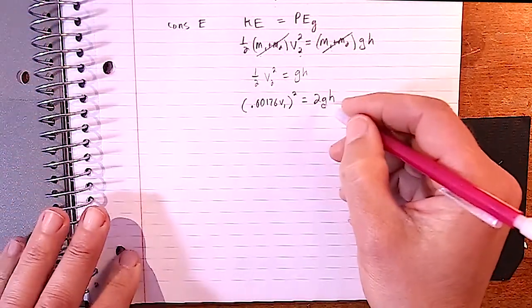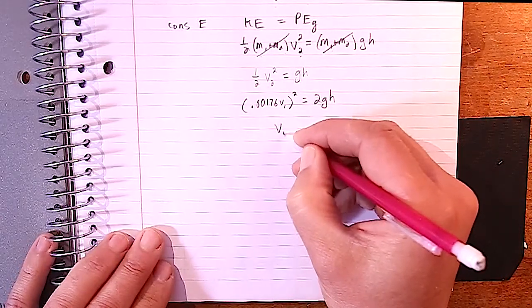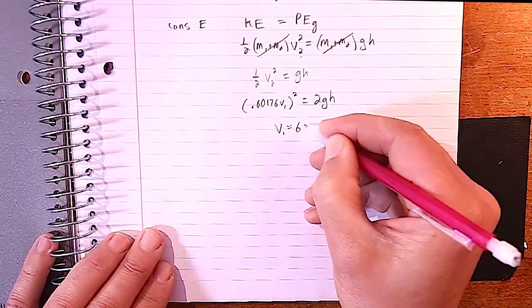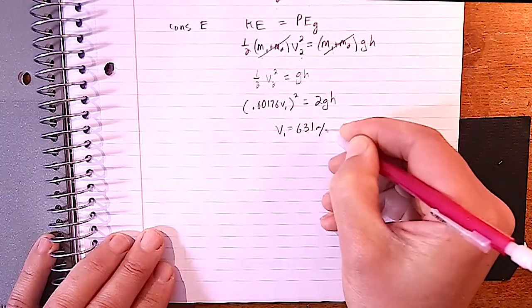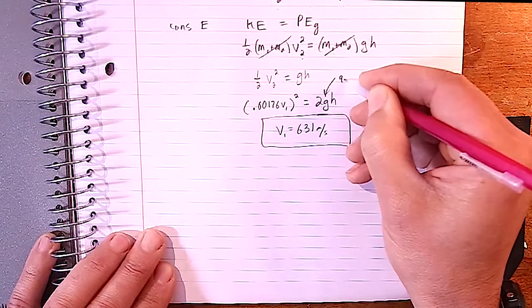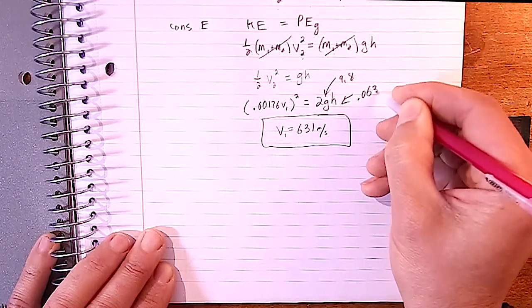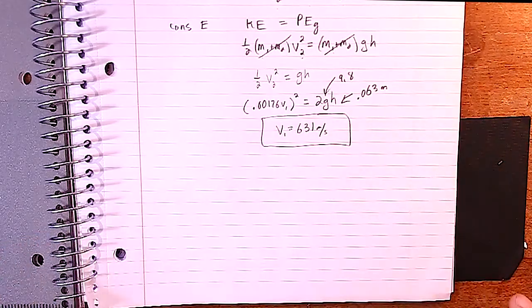I'm not going to put those numbers in; if you want to work it out yourself, you can. That v1 comes out to 631 meters per second. And that is if you put in 9.8 here, and 0.063 meters for h.